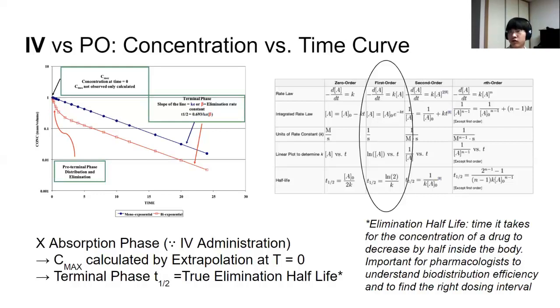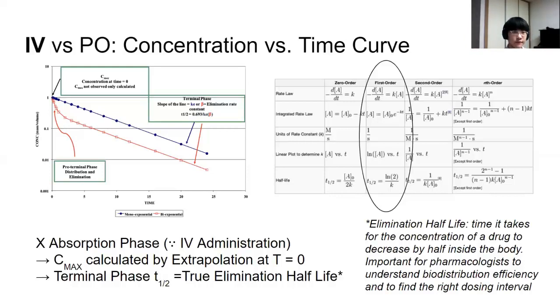We usually use it for radiology too. It's very important for the pharmacologist to understand the biodistribution efficiency, so basically how well the drug spreads inside our body. It also helps them understand the right dosing interval, so basically how much drug they should give and how much time interval there should be after one specific dose, because you need to have a constant effect of the drug over a long period of time.